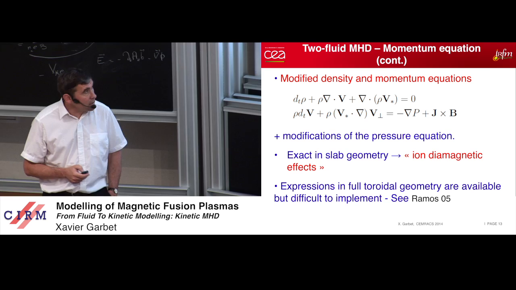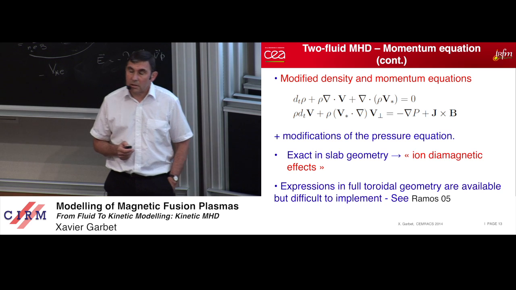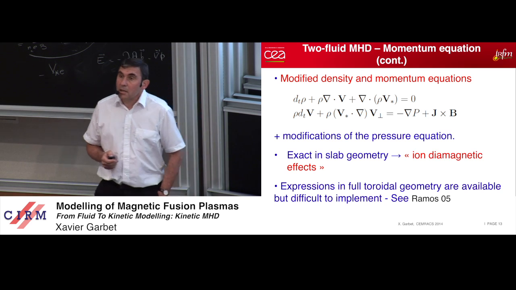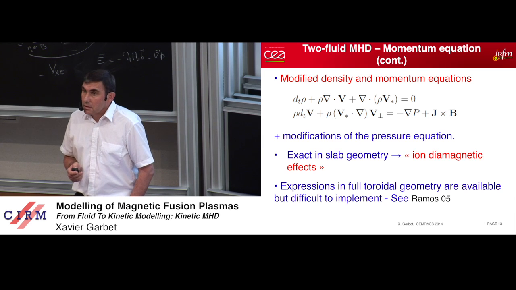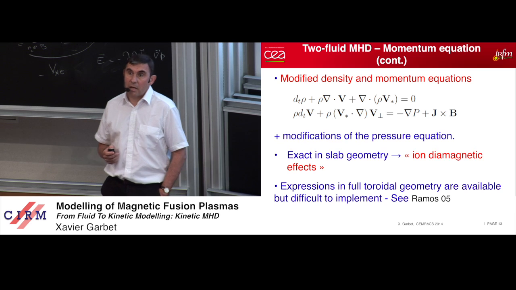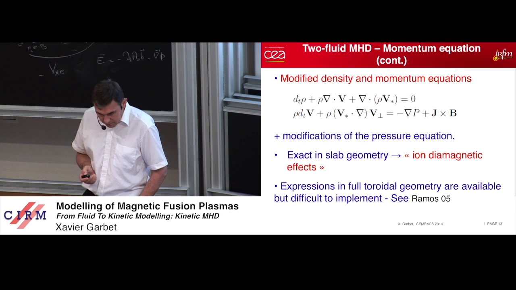These effects, ion and electron diamagnetic effects, are very important in the sense that even linearly they change the stability, and they are usually stabilizing. The growth rate is smaller with diamagnetic effects than what you would find, for instance, in single-fluid MHD.